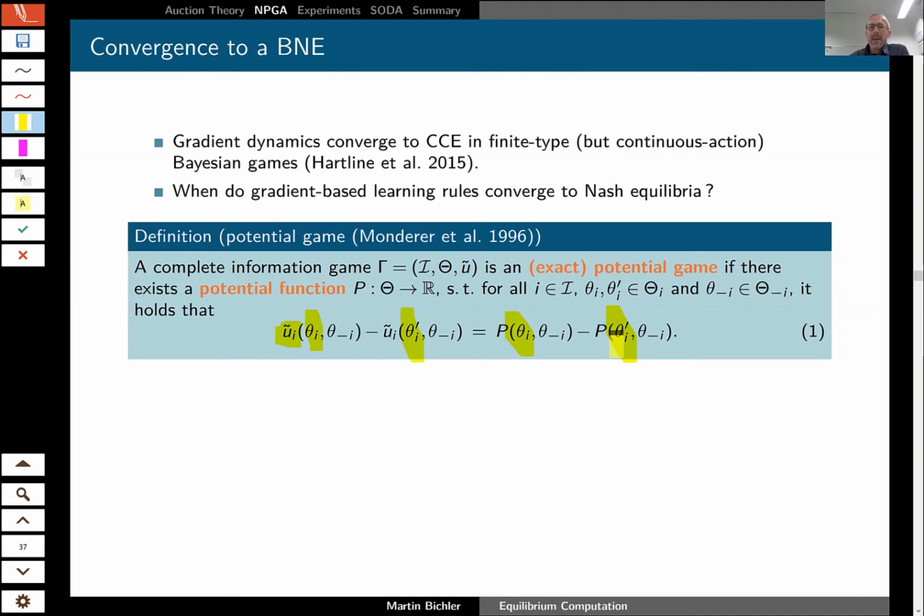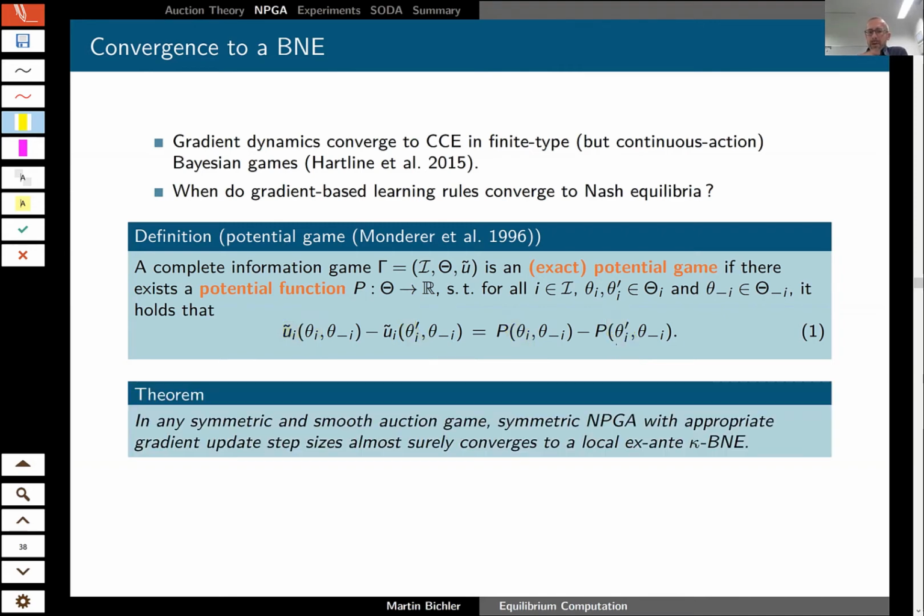So here, this helps us a lot to get to the main theorem in this paper that says in any symmetric and smooth auction game, and this is a bit abbreviated here, symmetric MPGA with appropriate gradient update step sizes, we have to make a few standard assumptions here on the algorithm, converges to local ex ante kappa-Bayes Nash equilibria, right? So I want to mention locality here, although you will see in a minute when we talk about the experiments, we always found the global Nash equilibrium, right?